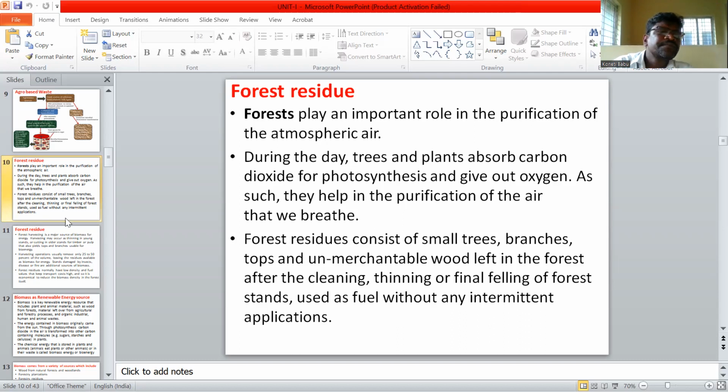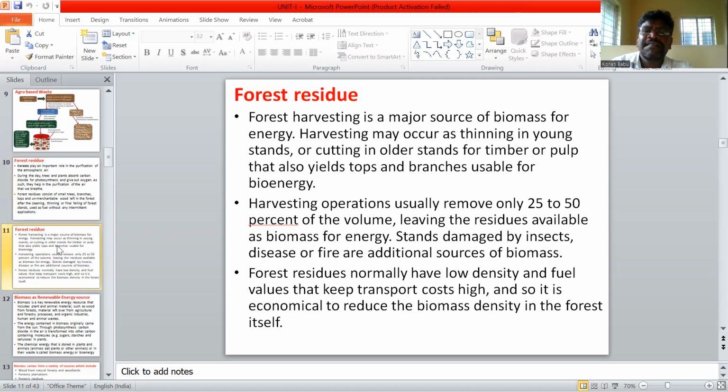So forest harvesting is a major source of biomass, and forest wastage is a major source of biomass energy. Forest harvesting may occur as thinning in young stands and cutting in older stands for timber or pulp, which also yields tops and branches used for bioenergy.